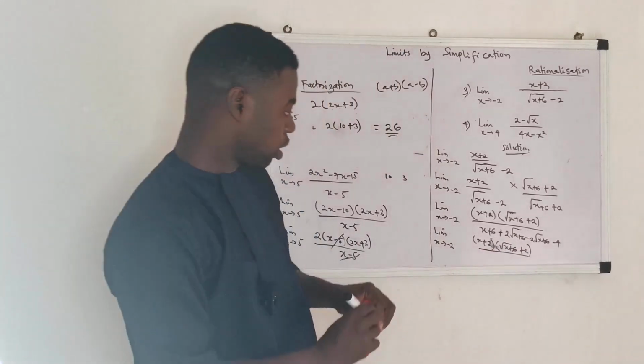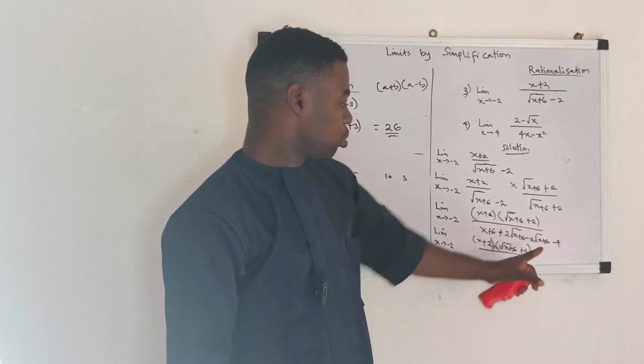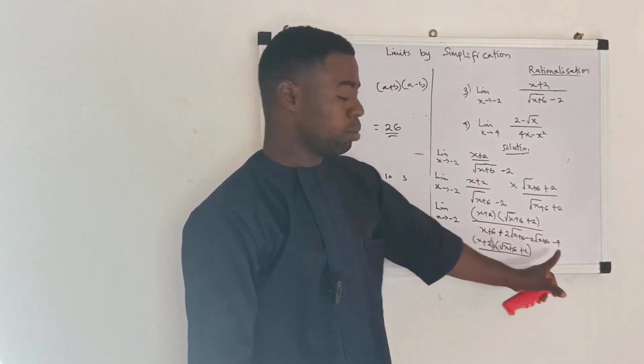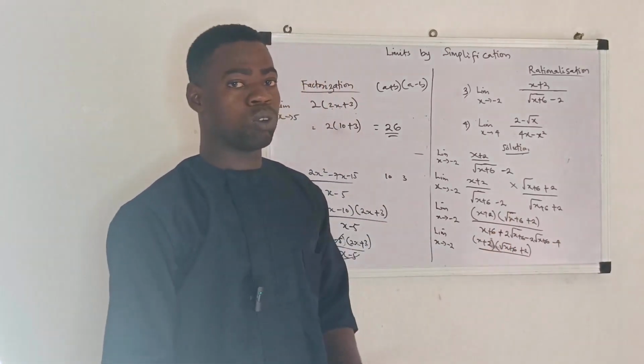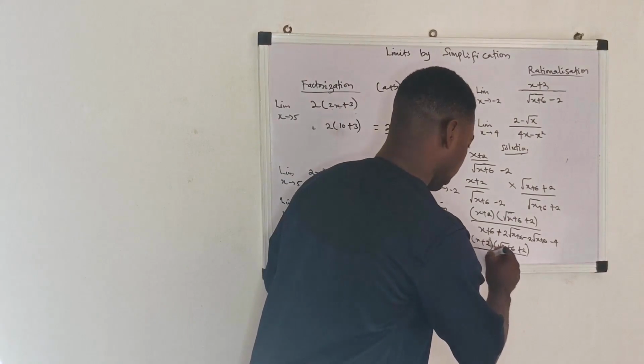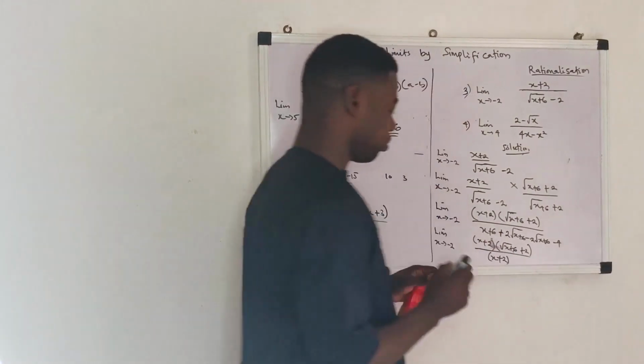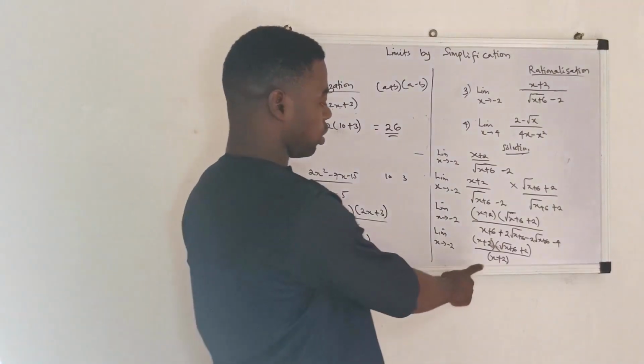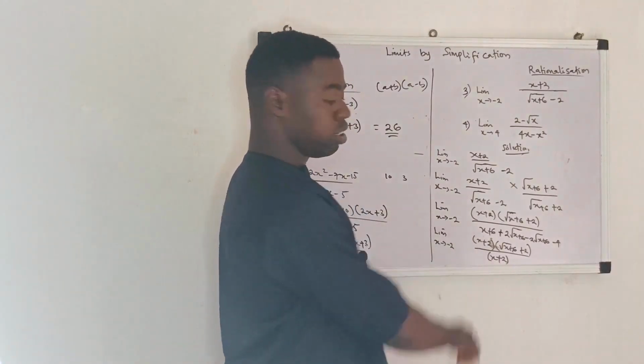The square-root terms give 0, so we are left with x plus 6 minus 4, which is x plus 2, as my denominator. Of course, this can cancel out, right?